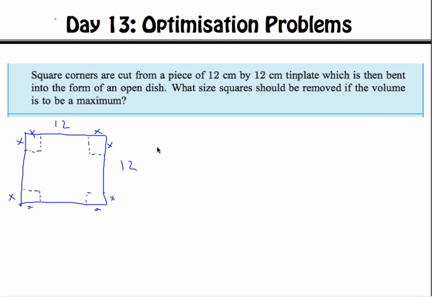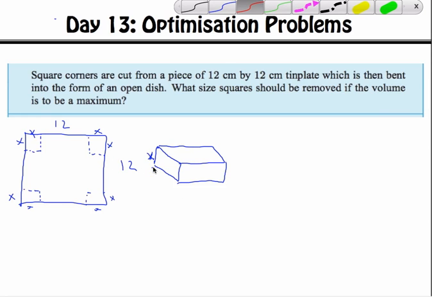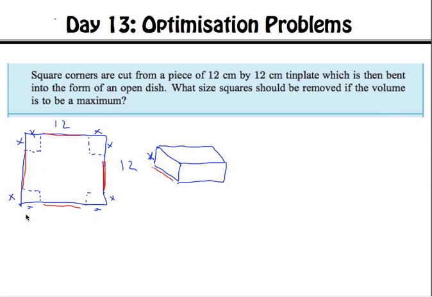Now when we fold this together, I'm going to try to draw the box that we'll get. We're going to have a box like this once you fold all that together, and this dimension is x. Now think about this side right here. This side comes from these, right? These are all the same. They're not 12, they're less than 12.